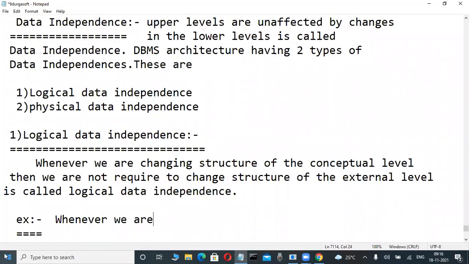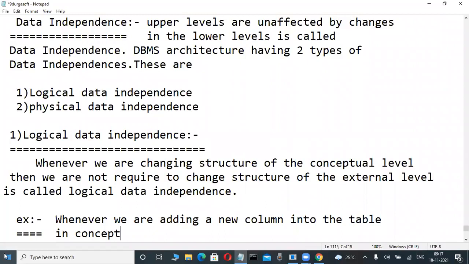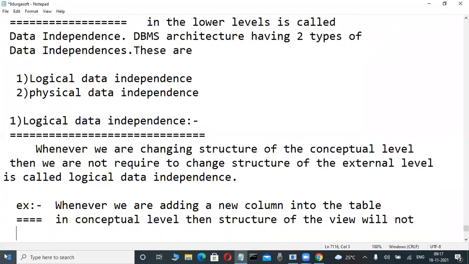Whenever we are adding a new column into the table in the conceptual level, then the structure of the view will not be affected in the external level.